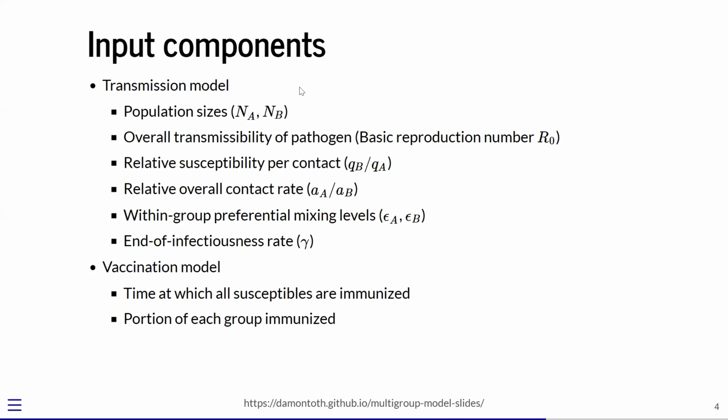So here are the input components that you'll see on the app that Willy will show. Two population sizes, A and B. They can be different sizes generally. It could be half and half, but we generally model a majority and a minority group, where the minority group could be a racial or ethnic minority, however you're breaking up your population.